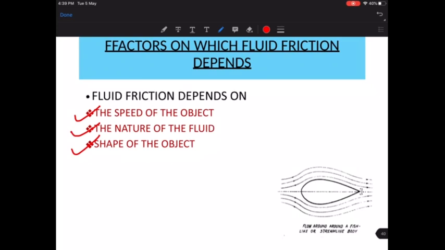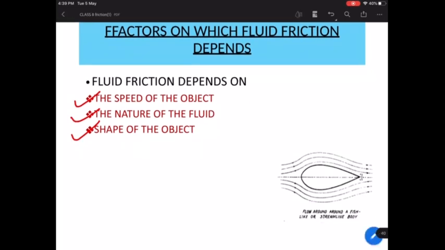Secondly, the shape of the object, which I told you should be streamlined. Write down these three points and make a good note of them. Fluid friction depends on the speed of the object, nature of the fluid, and shape of the object.